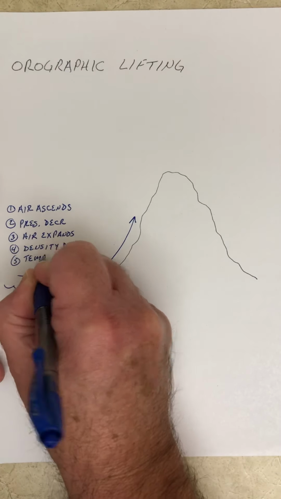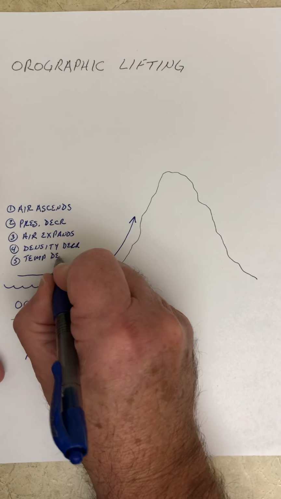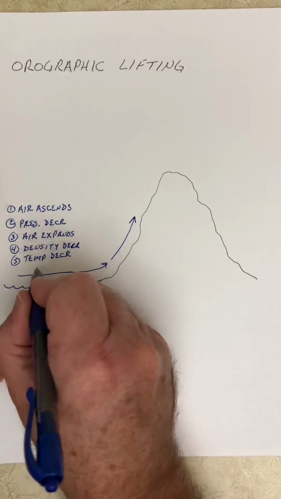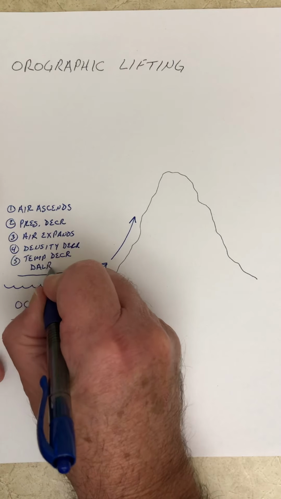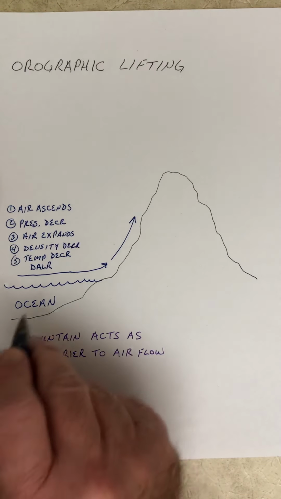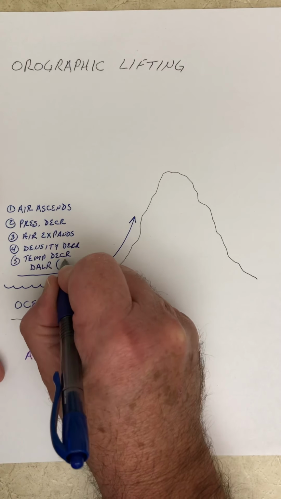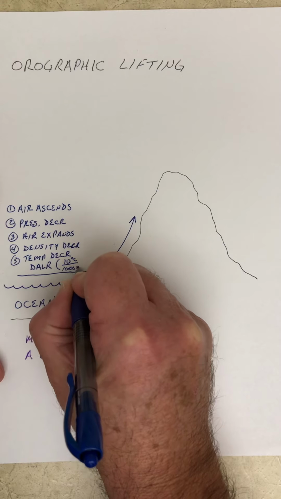So hopefully you're getting this process down, these steps. When the temperature decreases, it's first going to decrease at the dry adiabatic lapse rate. As long as the air is unsaturated, it's going to cool as it rises at the dry adiabatic lapse rate. Remember, that is 10 degrees C per 1,000 meters.